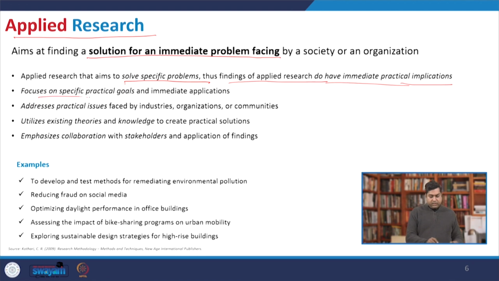It also focuses on specific practical goals and immediate application that is required. Say we all witnessed a bad phase of our life, 2020 to 2022, the COVID pandemic. At that time also immediate research was required to find the vaccine, and definitely it took some time, but actually it happened.